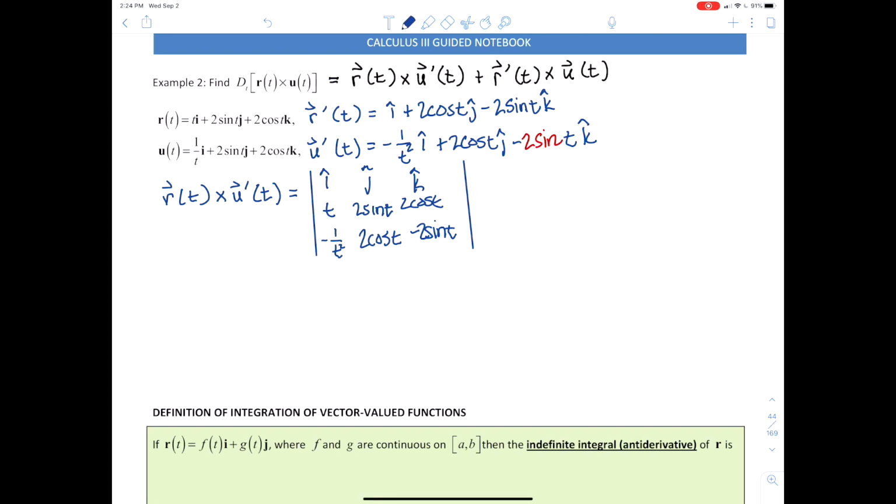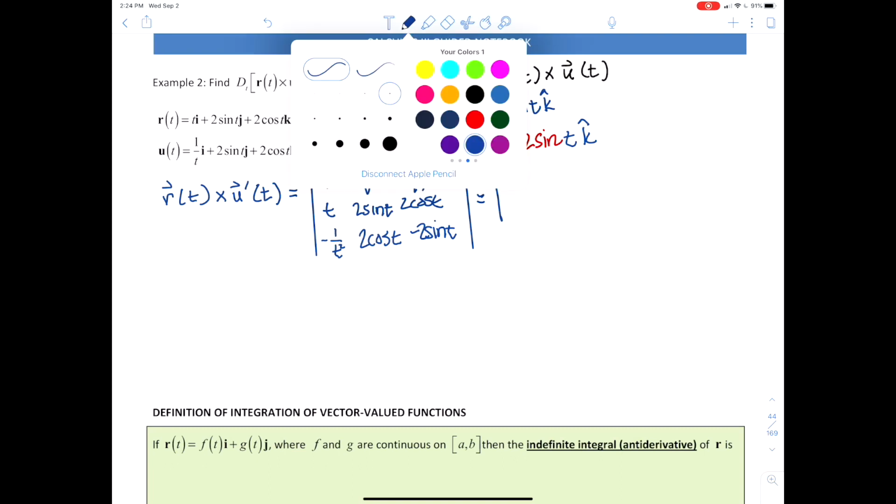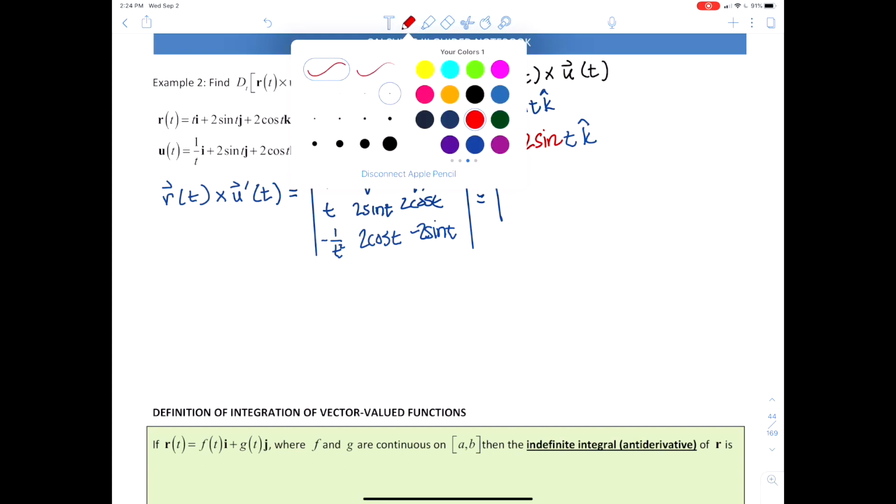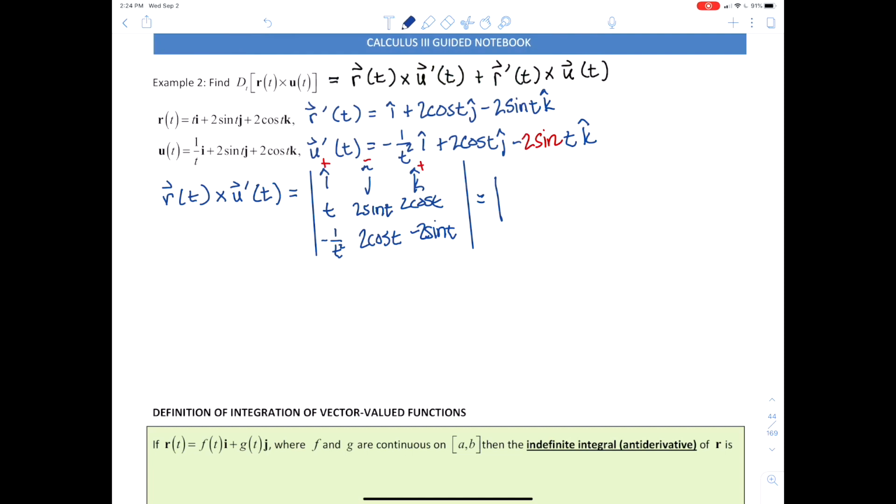Well, if we expand about i, j, and k, that's going to end up being the determinant of, so remember you can do plus, minus, plus. I'm going to go ahead and put the vectors on the right side. So we're going to have 2 sine at t, 2 cosine at t, 2 cosine at t, and then negative 2 sine at t.